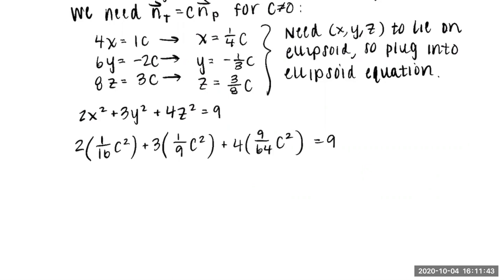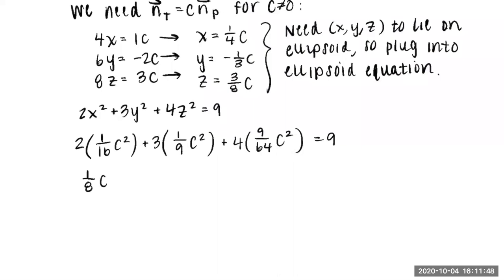So let's go ahead and do some simplification here. This is 1/8 c squared plus 1/3 c squared. 4 goes into 64 16 times, so 9/16 c squared equals 9. All right, now if you're anything like me, you don't really like dealing with fractions.